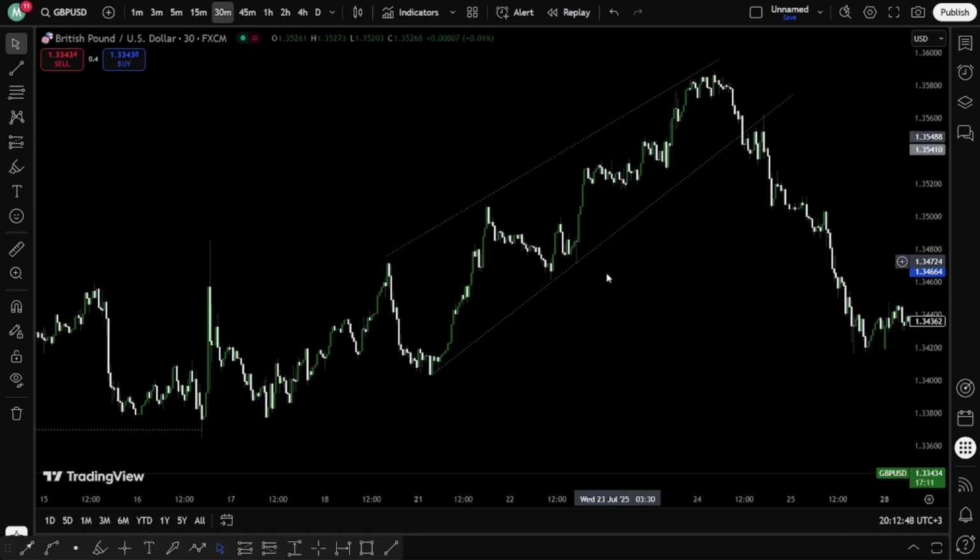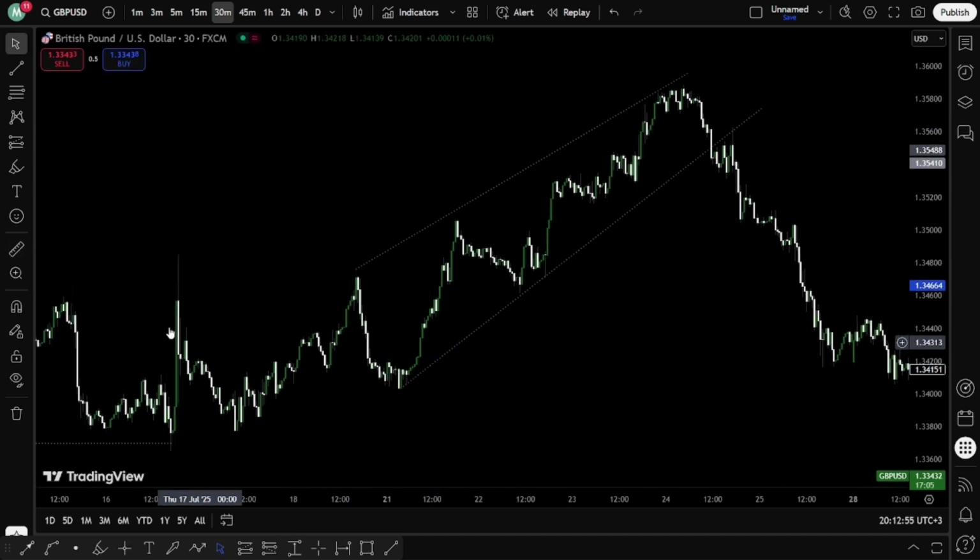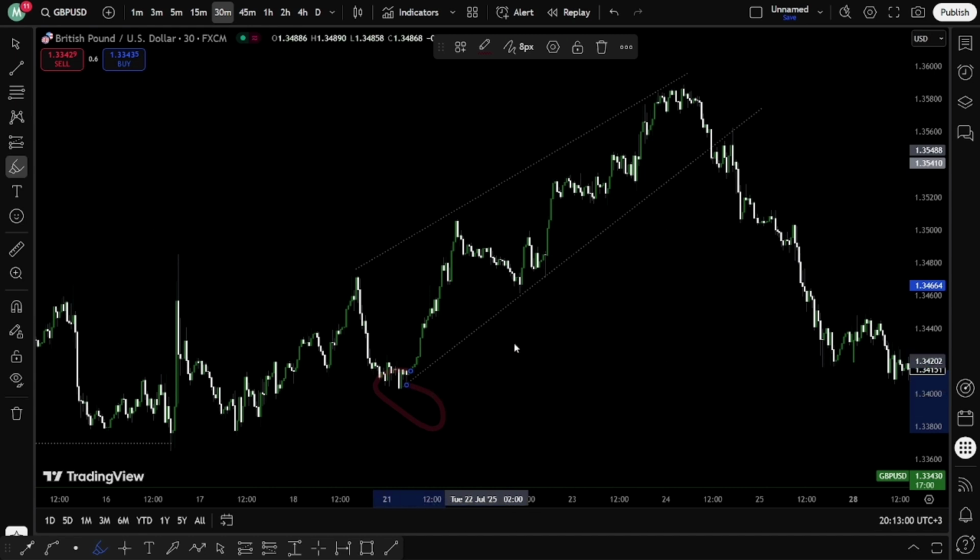So those are our two trend lines, and we can see we have one touch, second touch. So this one is one touch because we don't have a break of structure here. It is one low, higher low. You get it? So one touch, second touch, then we are told on the third touch we enter.